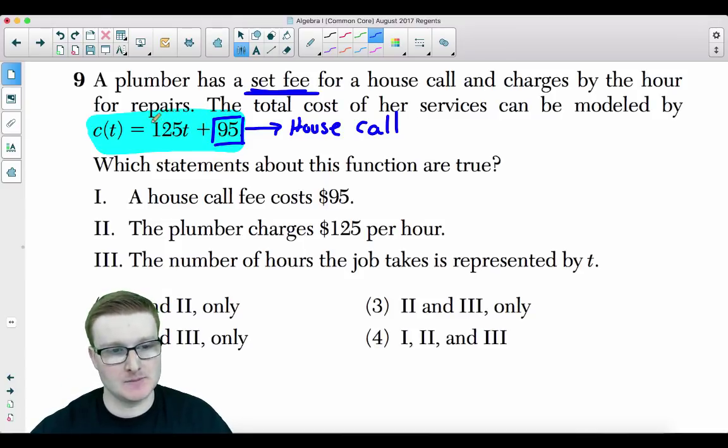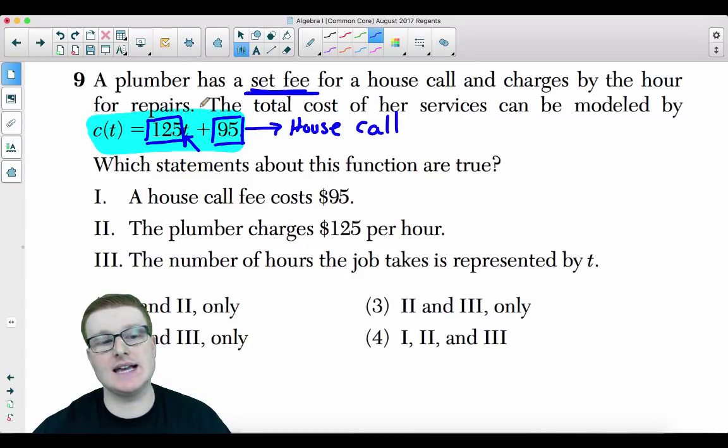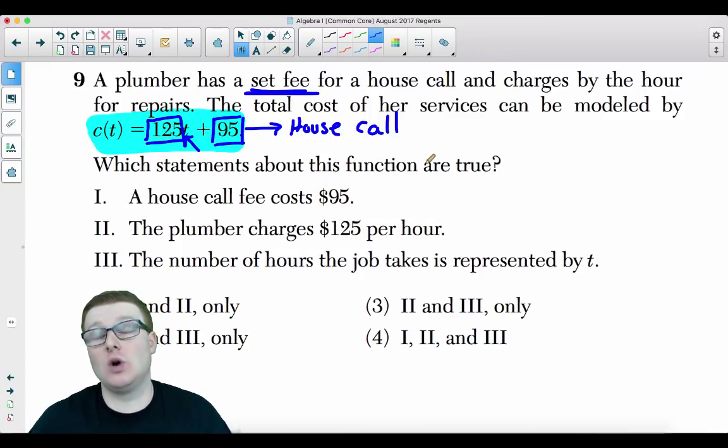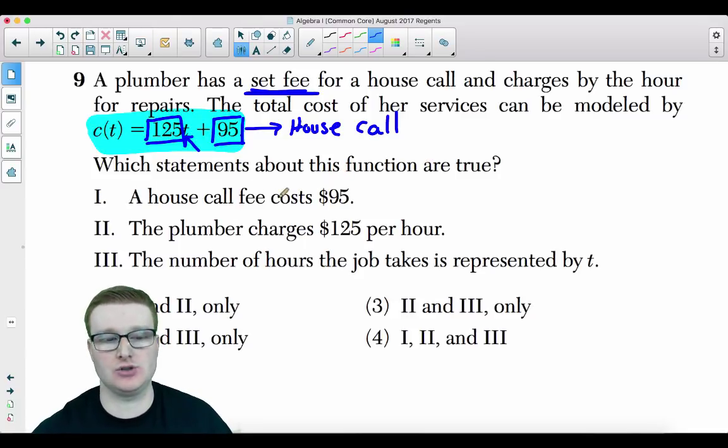Then what happens is she charges $125 for the amount of hours she works. So the amount of hours in this case is represented by the letter t. So she could work for 2 hours. She could take 2 hours times the 125 and then add the $95. That's the total amount of money she makes. So let's take a look and see which one's true. A house call fee costs $95.